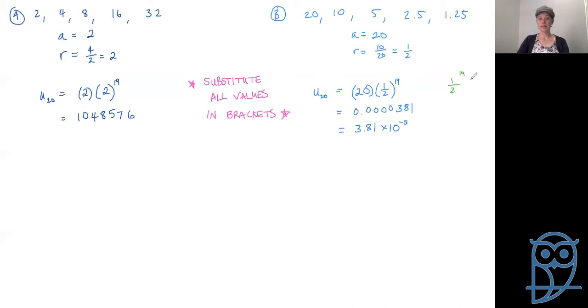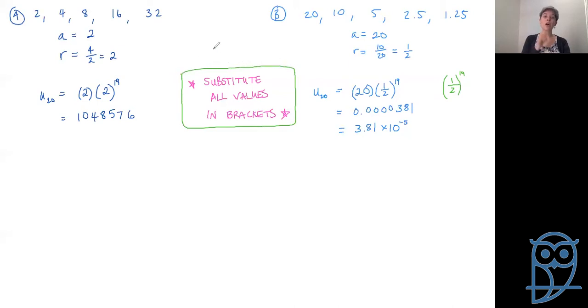It's not 1 to the 19 over 2 to the 19. Okay? You have to have those brackets in order for that 19 to go on the 1 and on the 2. Those brackets are critically important, particularly when you're working with fractions. And when you work with GPs, you do often work with fractions. So it is a very good habit to have in general, substituting all values in brackets.